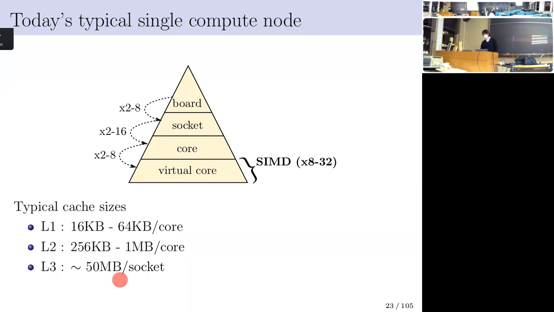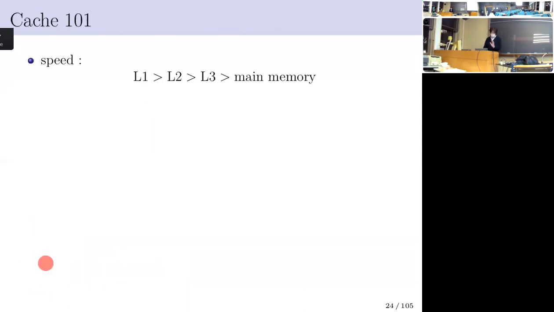And L3 is actually much bigger, partly because it is shared by so many cores. It doesn't make sense if it is not as large as the L2 cache size multiplied by the number of cores. So it's discontinuously much bigger than the L2 size typically. So these are the typical numbers.